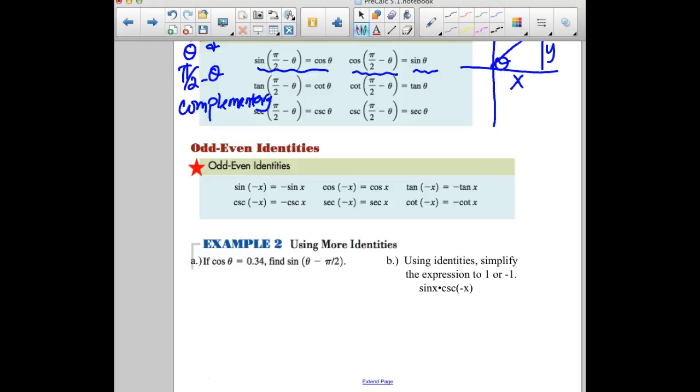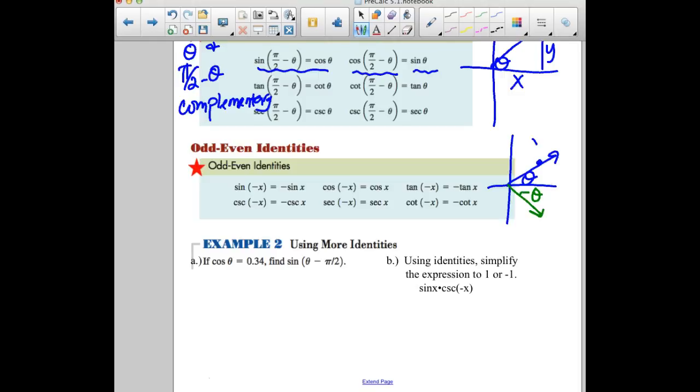And the last identities for today are the even and odd identities. When we think about our reference angle, okay, if this is theta, we'll draw in a negative theta. Okay, we have ordered pairs.